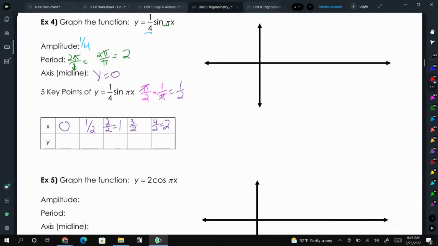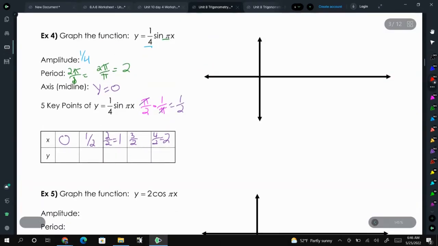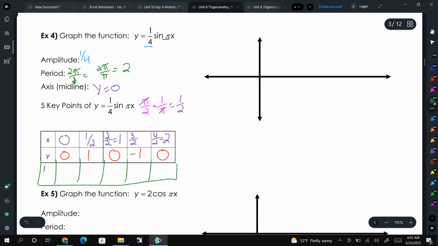And because our a value is positive, sine's going to start at 0, the midline, and then go up, up to 1, down to our midline, down to -1, and then back up to our midline. And because we have that 1/4 in front, these are going to be the y values we'll plot.